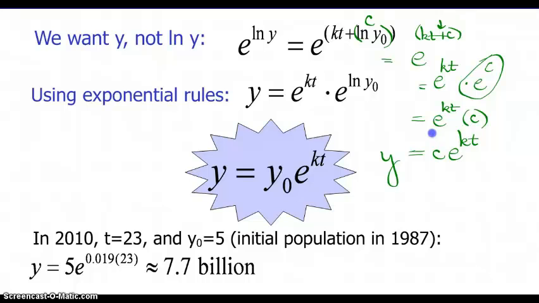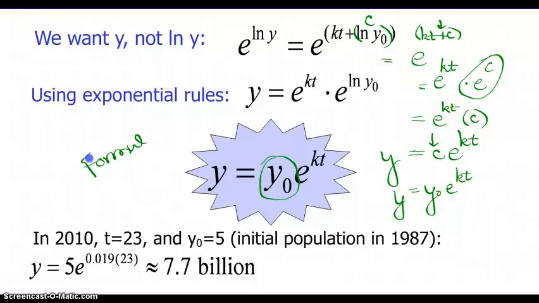And it turns out that this is the initial population. All right, so y equals y naught e to the kt is the formula that I'm going to use for any population. Any population that is growing at a rate proportional to the current population, this is an excellent model for that population at any time t.